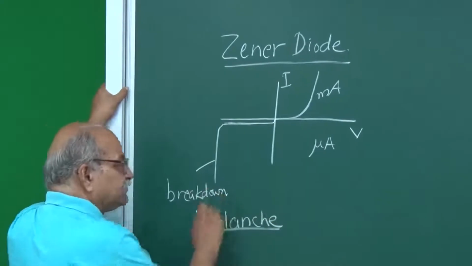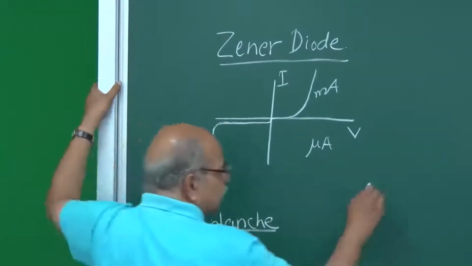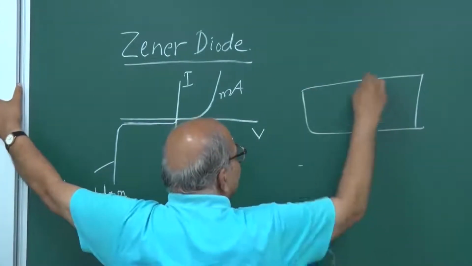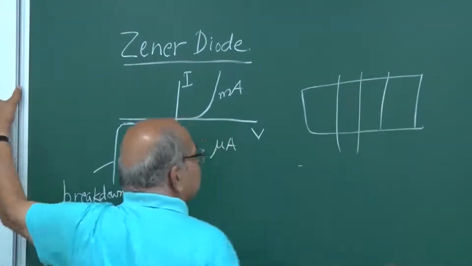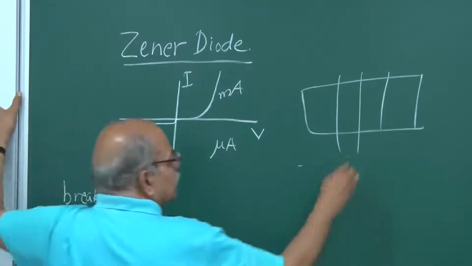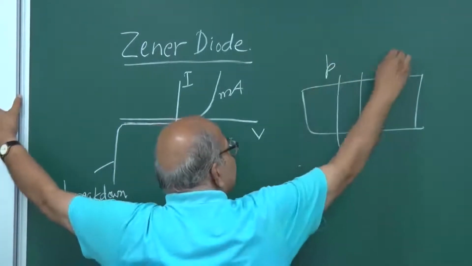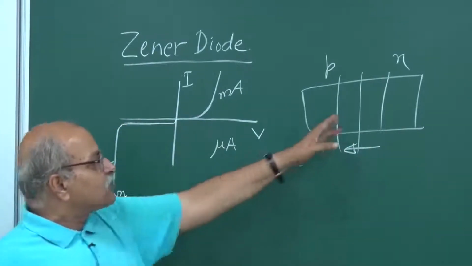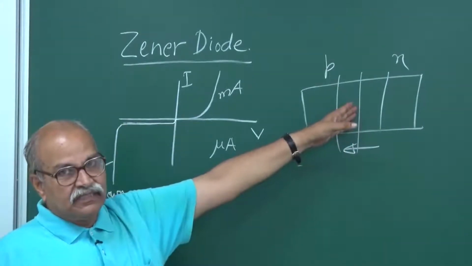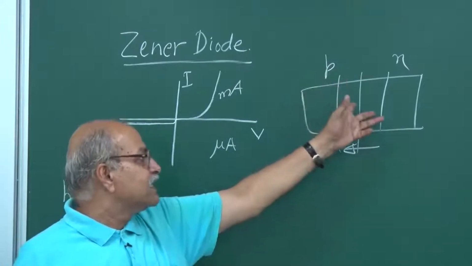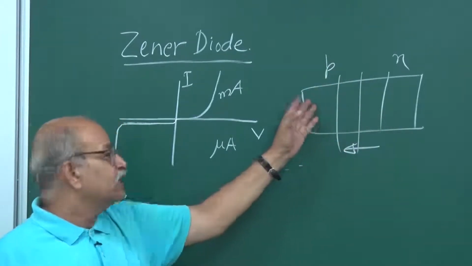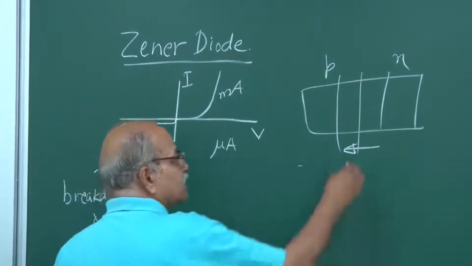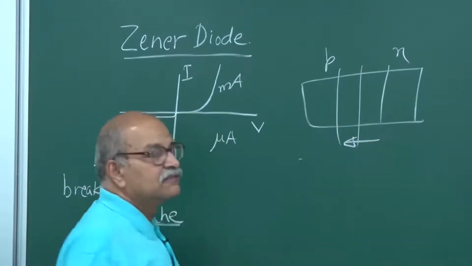Avalanche breakdown. So the reason is that if you have a PN junction and a depletion region is there, the electric field is there, this is P side, this is N side, the electric field is this way. So any electron-hole pair which is here, or the minority carriers which are giving rise to this reverse current, they are accelerated by this field.